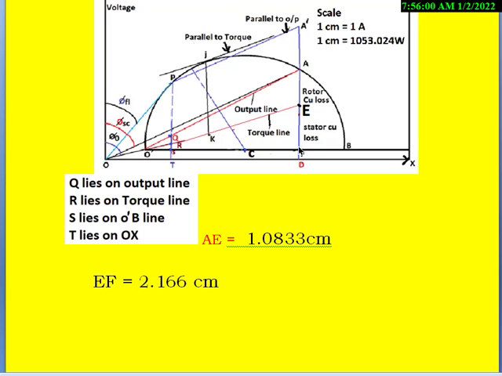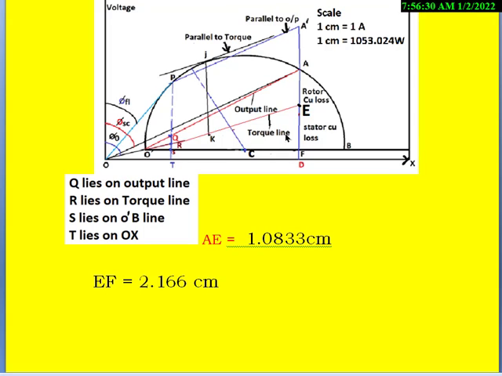This bottom part, EF, represents the stator copper loss, which is 2 times the rotor copper loss, and the rotor copper loss is represented by AE. Now draw a line from E to join the point O dash, and this line represents the torque line.